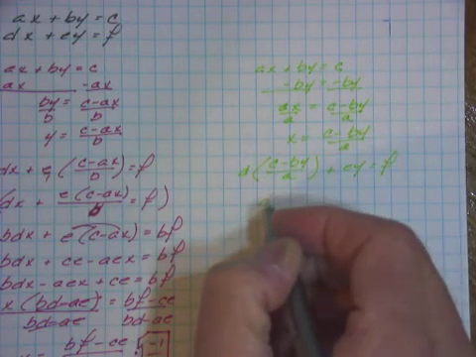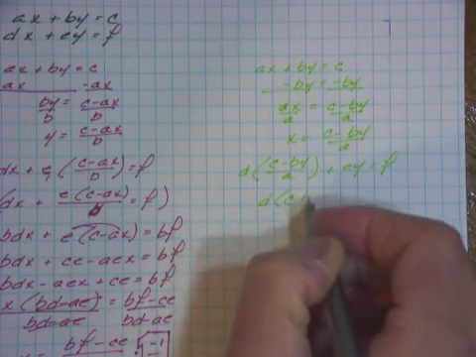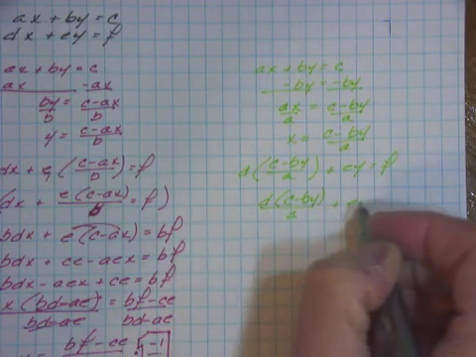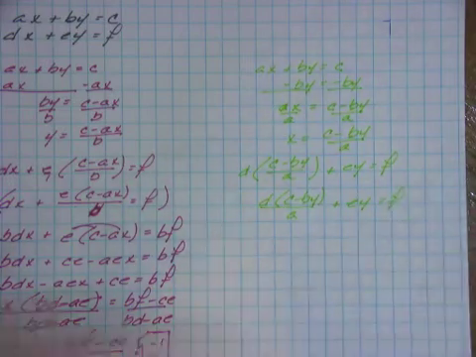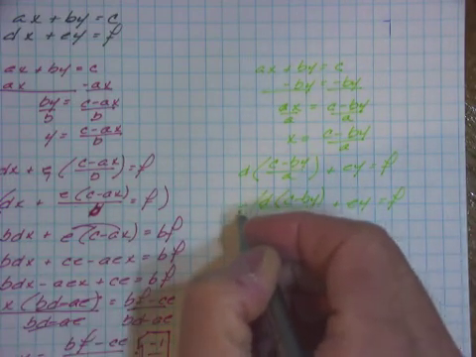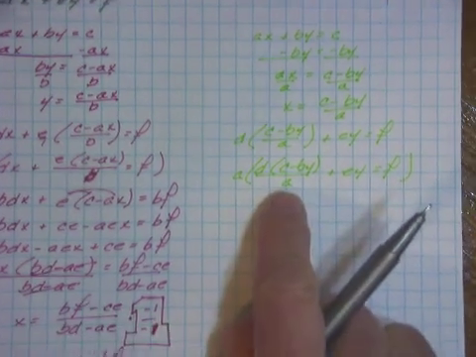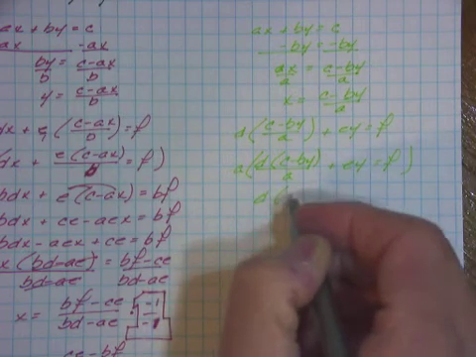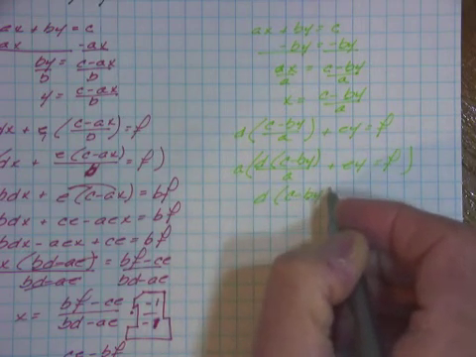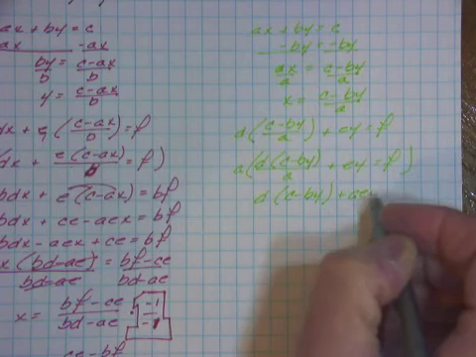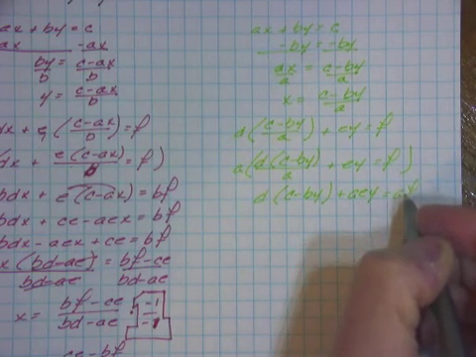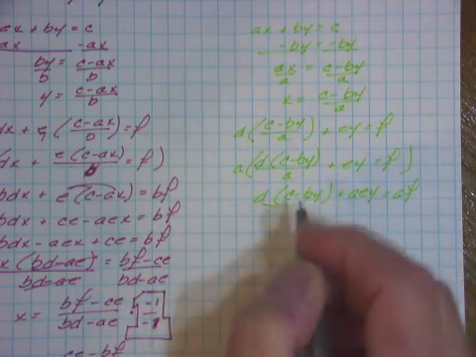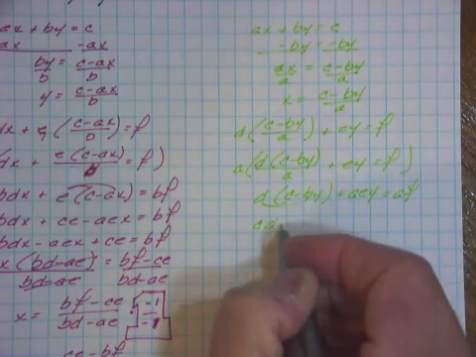And we're going to go through all the arithmetic again. d parentheses c minus by over a plus ey equals f. Now, I'm going to multiply everything by a, and that's going to get rid of the a in the denominator. So I've got d times c minus by plus aey equals af.